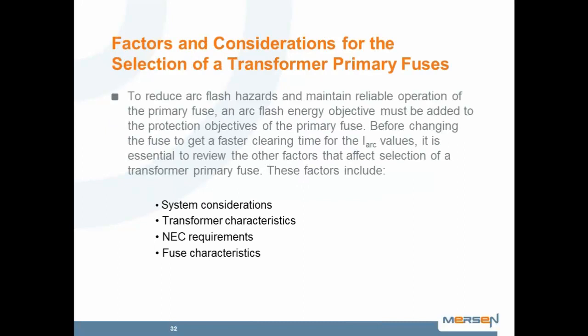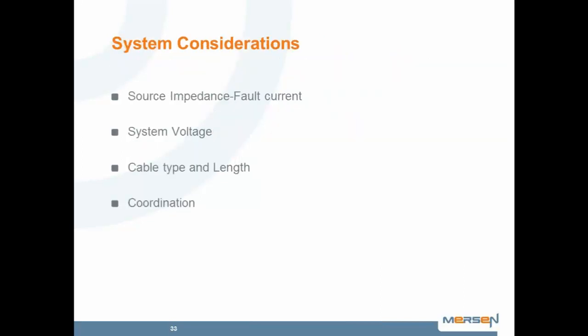I don't want to get into selecting fuses for transformers today. It's involved, but I'm going to list some things that you have to consider before you change the fuse rating or the fuse characteristics: system considerations, transformer characteristics, NEC requirements, and fuse characteristics.